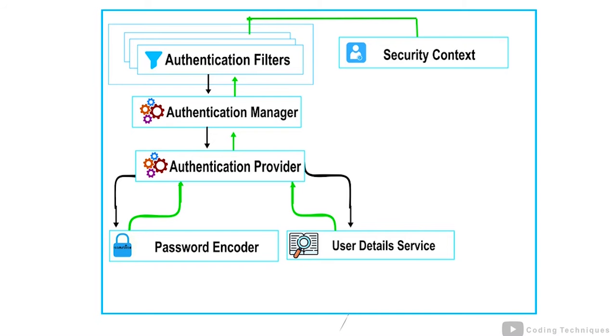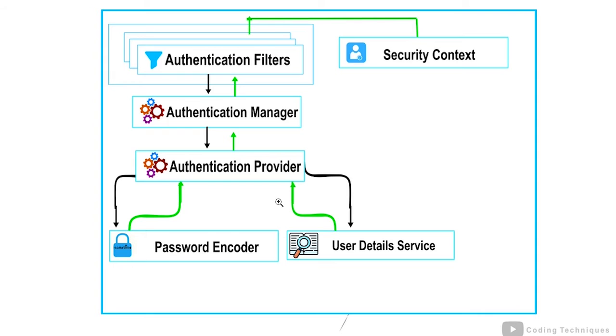We have this architecture for the basic login, where the request will be intercepted by the authentication filters and then sent to the authentication manager, and then the authentication manager will delegate the responsibility to the authentication provider, where the authentication provider will use the password encoder and user details service.